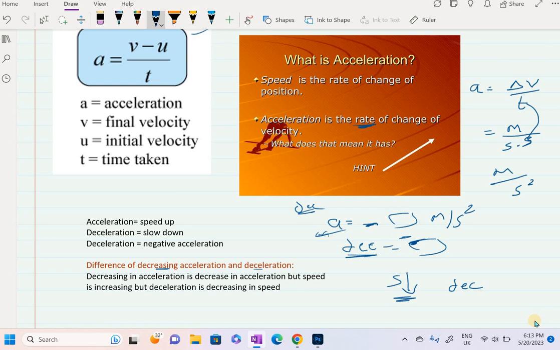But decreasing acceleration, if the acceleration decreases, that means still the speed is increasing. In this case, where can we find it? In free fall. In free fall, the acceleration decreases, but still the speed increases because I'm going down.